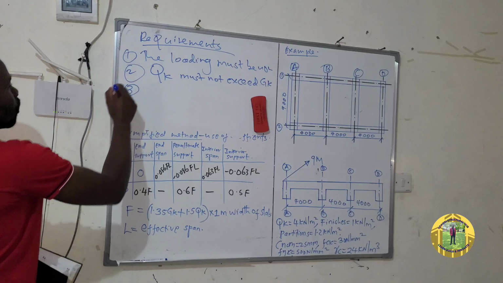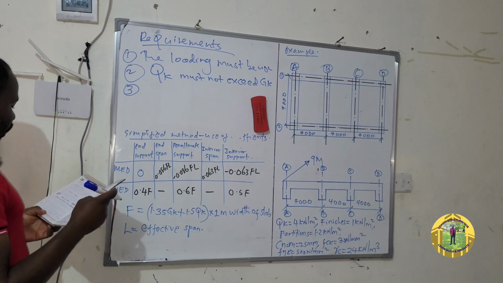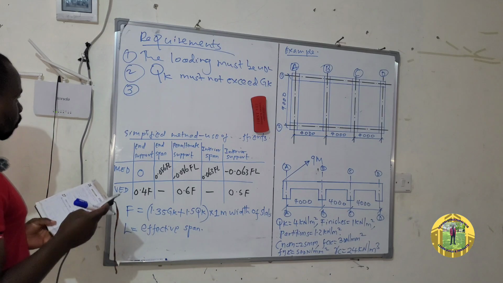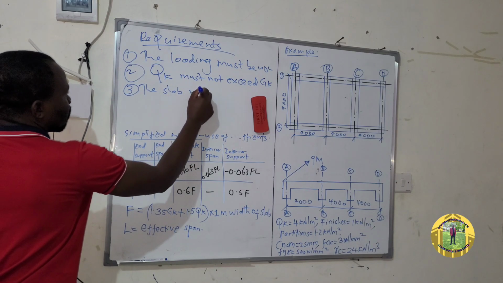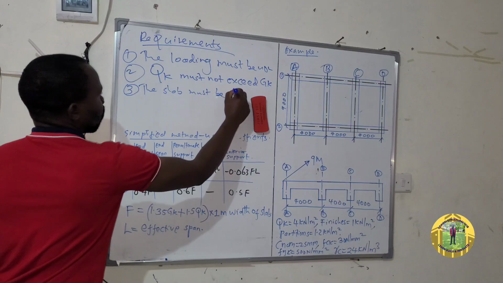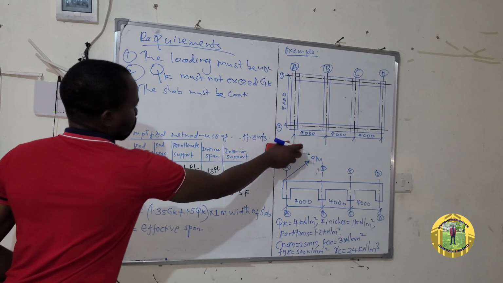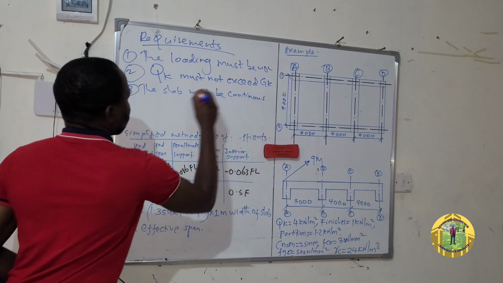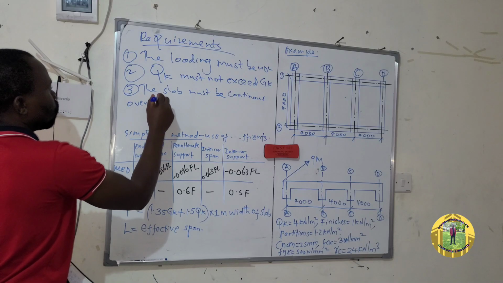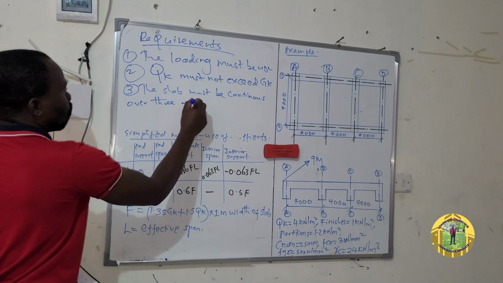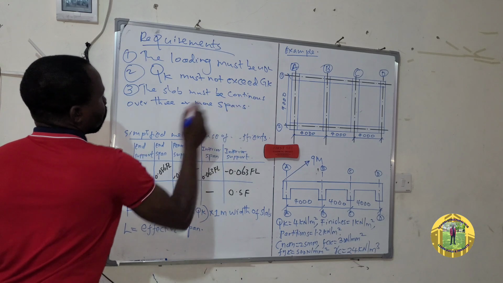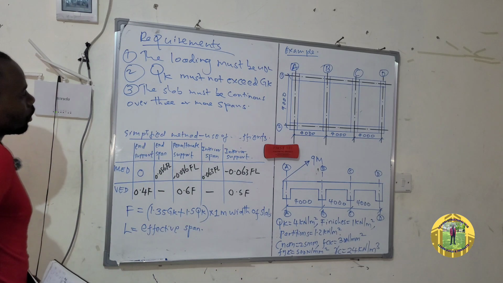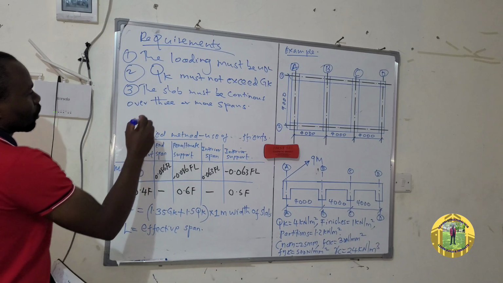Condition number 3 says that the slab must be continuous over 3 or more spans. So if a slab has 3 or more spans, then you can use this method. This is what it means.